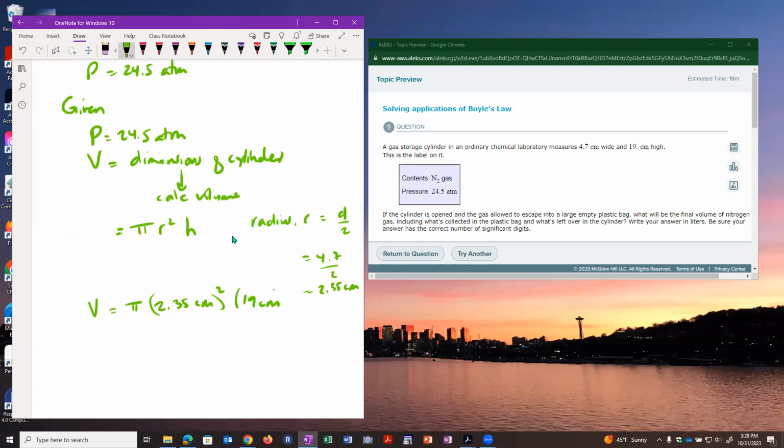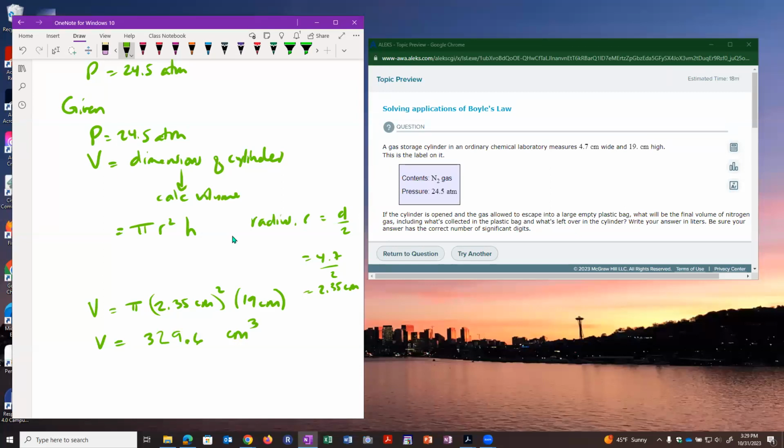If we plug that into the calculator, we have pi times 19 times 2.35 squared. That's giving me 329.6, and the unit now is cubic centimeters.